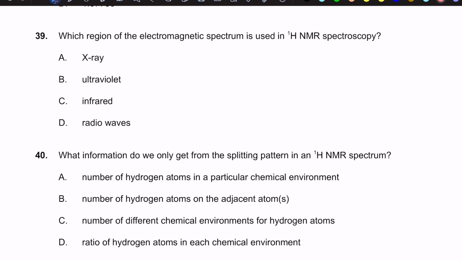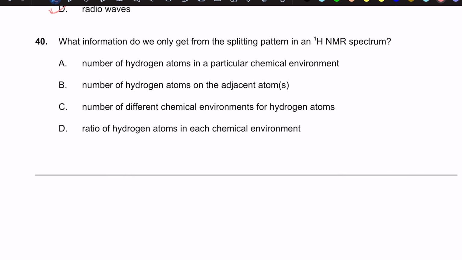Next, which region of the electromagnetic spectrum is used in H1 NMR spectroscopy? Radio waves, something we have to remember. Now the last question: what information do we get only from the splitting pattern of the H1 NMR spectrum? Number of hydrogens in the chemical environment? No, this gives you the number of peaks, but not the splitting pattern.